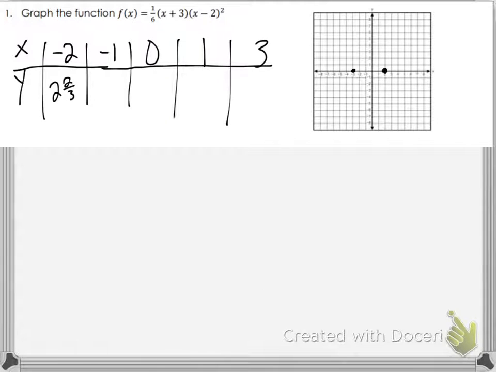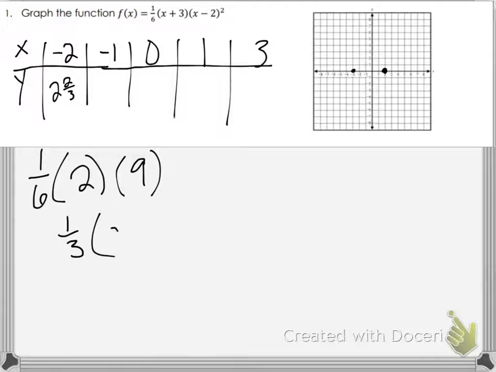Okay, plugging in -1. What's -1 plus 3? Positive 2. And then what is -1 minus 2? -3, and then -3 squared. 9. 1/6 times 2. 1/3.